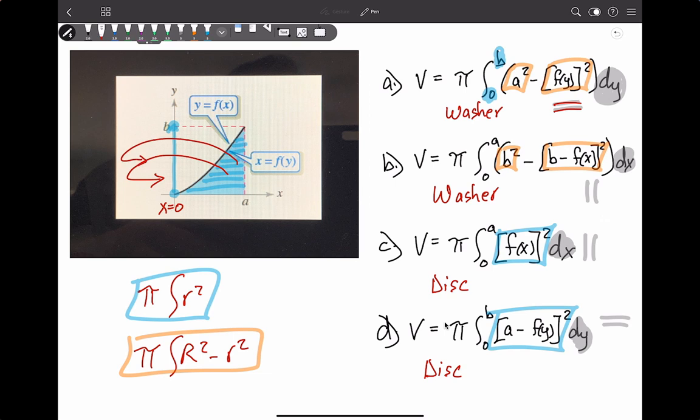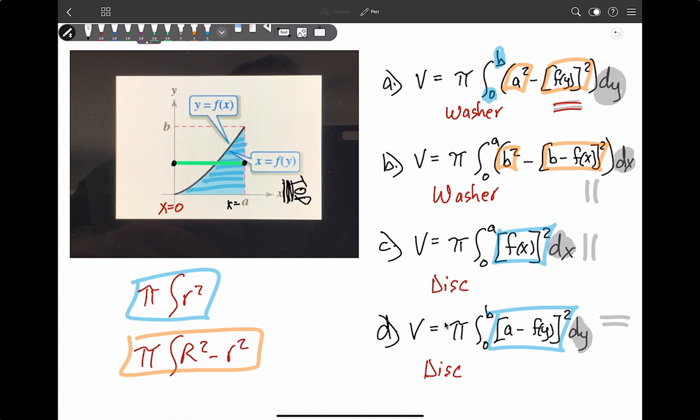Okay, so with that in mind, I'm going to go ahead and show from the axis of rotation, that is, in this case, x equals 0, I'm going to go to the outermost edge of that shaded blue region. Okay, so let me take these off. So now looking at this, I know that I'm touching the x-axis here, and I'm touching x equals a over here. Okay, because this is horizontal, I'm going to rotate my head 90 degrees to where now this is the top.